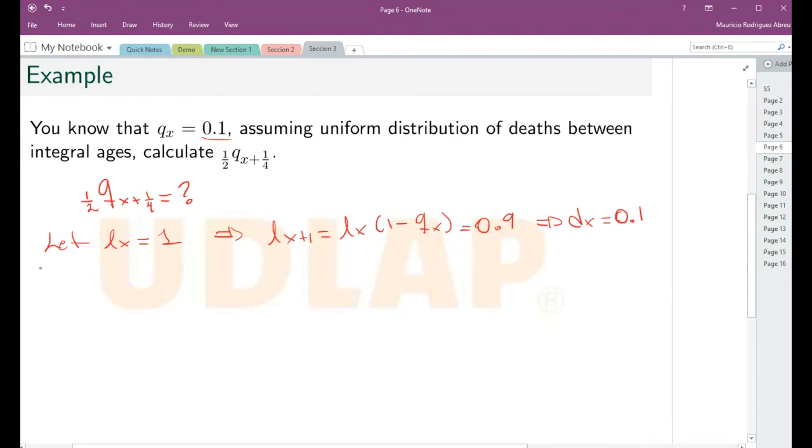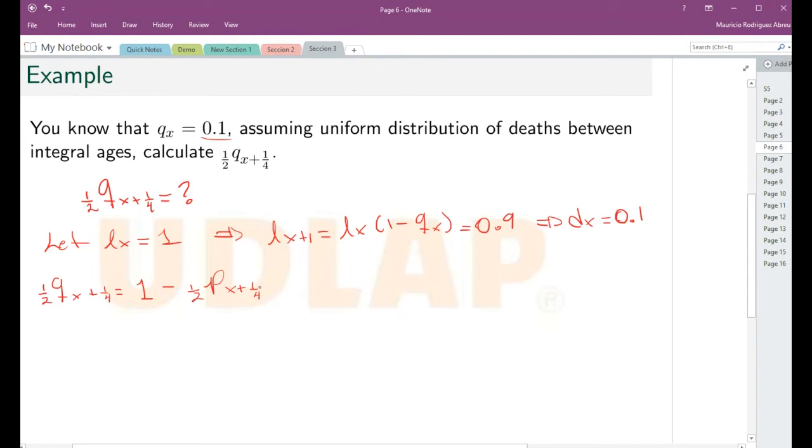Now, let's go back to this probability. 1/2 of qx plus 1/4 is 1 subtracting 1/2 of px plus 1/4. Why?